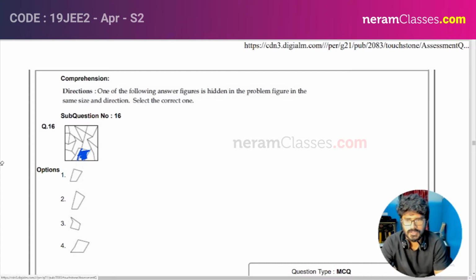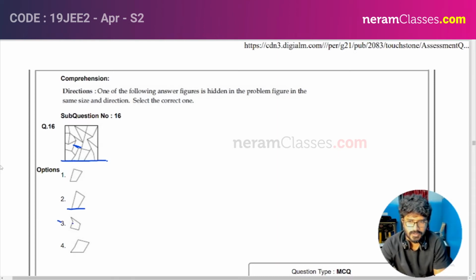Also we'll check the other options, whether we have any other such shapes here. Option 2: here also there is a horizontal line, but we didn't find any such shape above this horizontal line. So this is a wrong answer. For the third option, they may try to confuse you with this shape. If it were complete here, it might be a right answer.